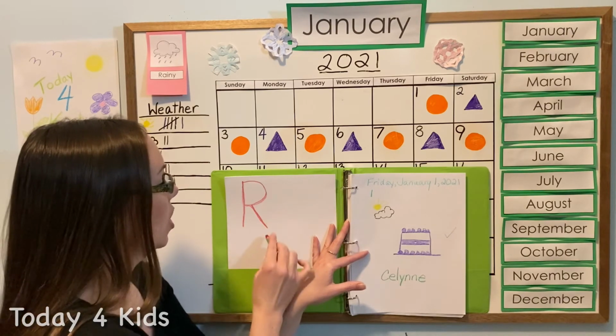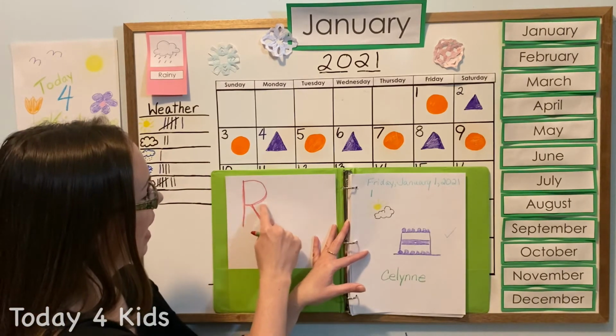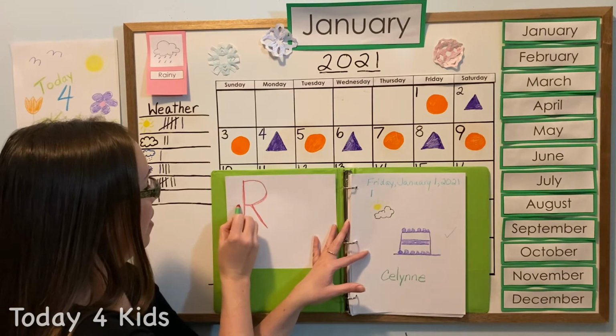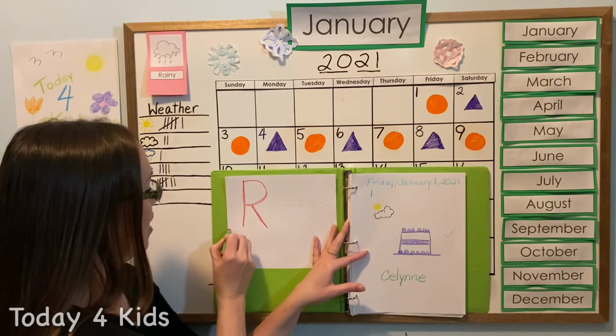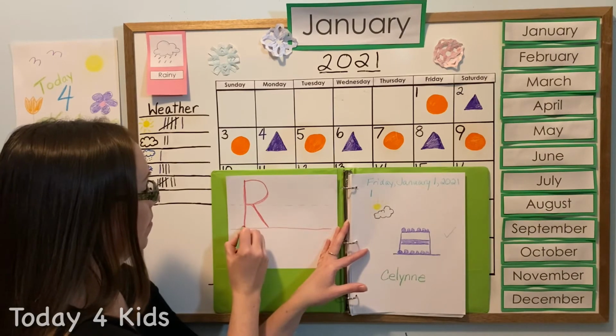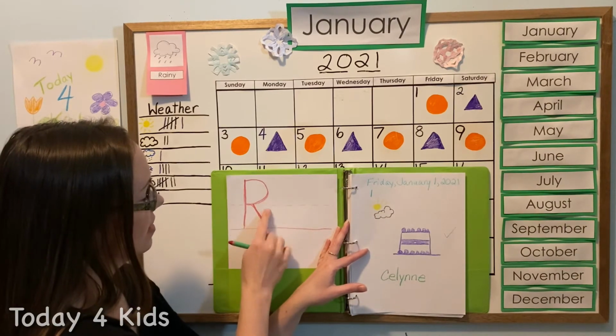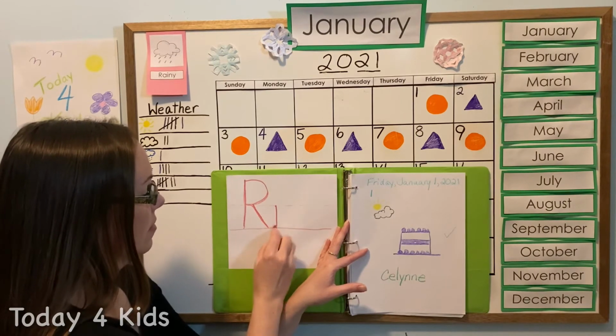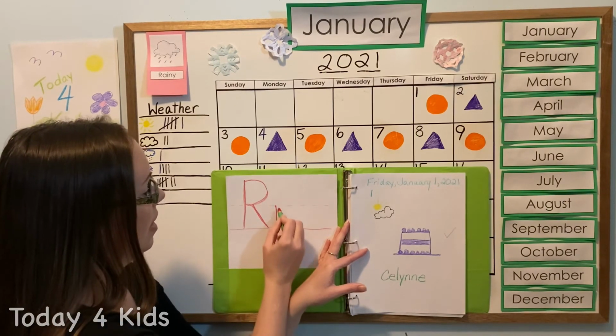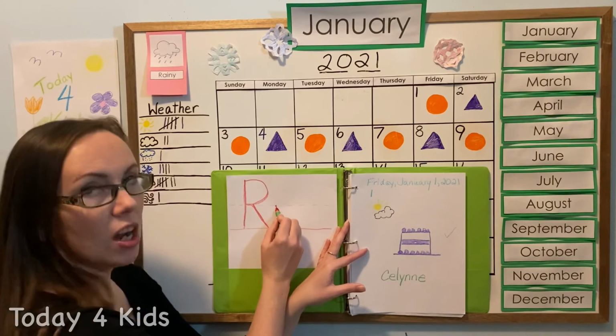And then we're going to make a lowercase r, and the lowercase r is half the size of your big R. So I'm just going to make an imaginary line down there and another line down here. So halfway the size of my capital R, I'm going to make a line like this. And then I'm going to go almost to the top, but not quite to the top of my line.